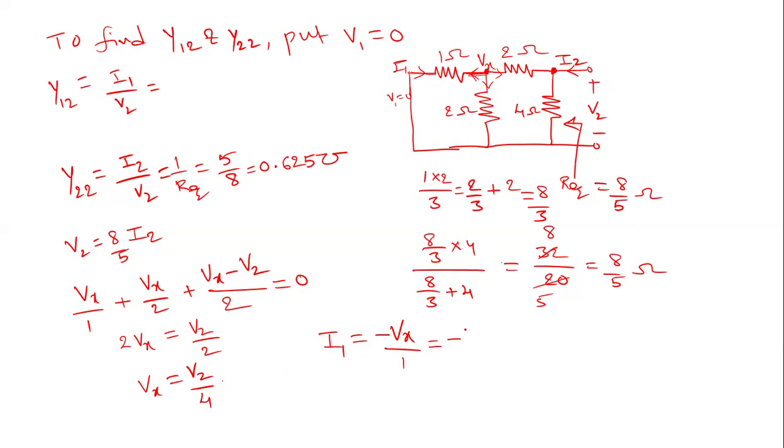We know Vx in terms of V2 is V2 by 4. Now the desired ratio is I1 by V2, so I1 divided by V2 is minus 1 by 4, that is, minus 0.25 mho.